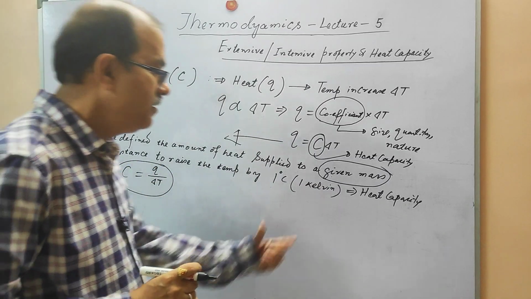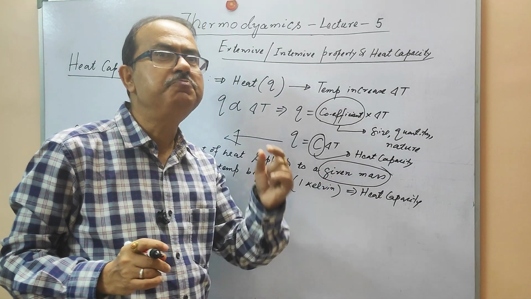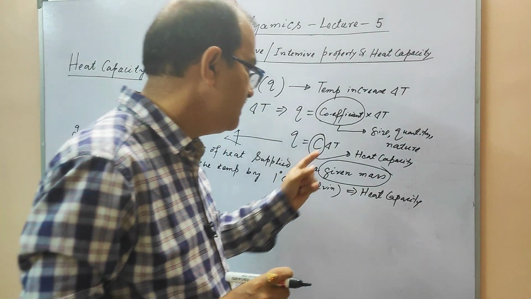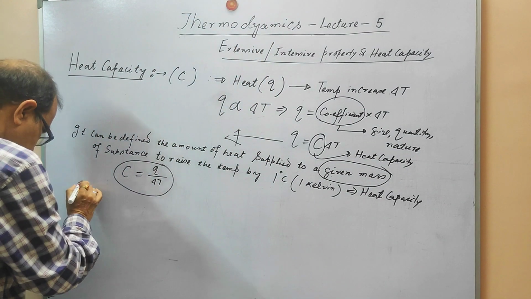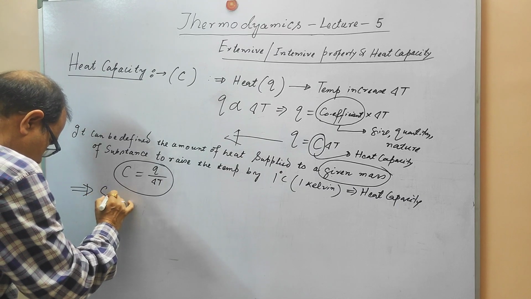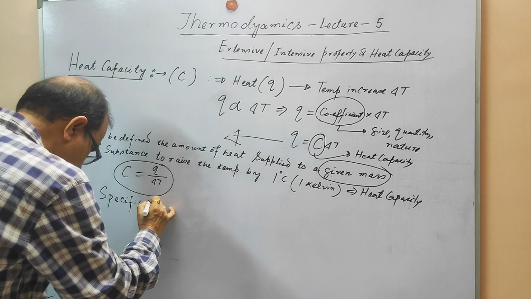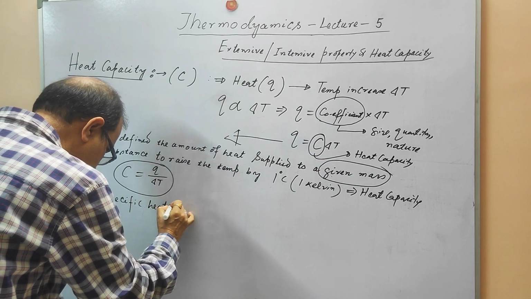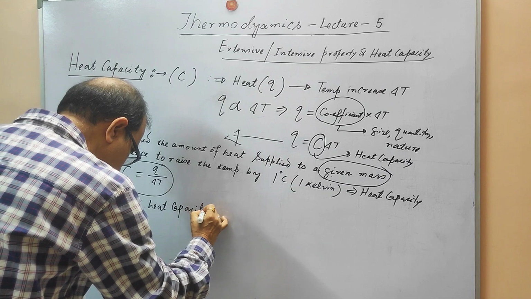Now, if this given mass changes, suppose we specify this given mass, then it will be termed in a different way. That is the specific heat capacity. Specific heat capacity means we are specifying the amount of substance.